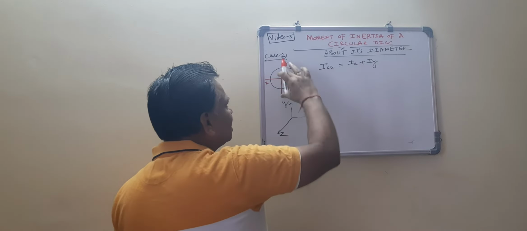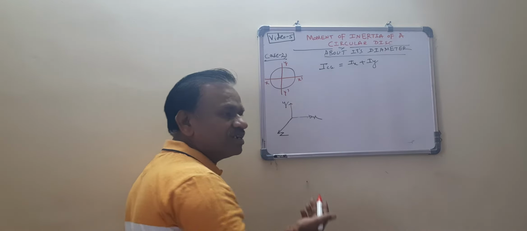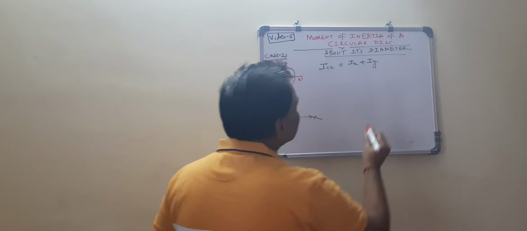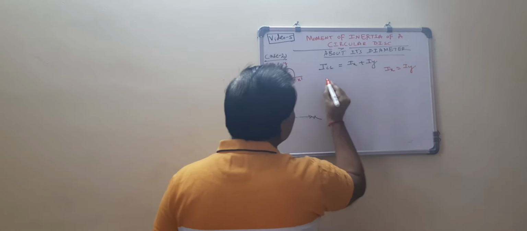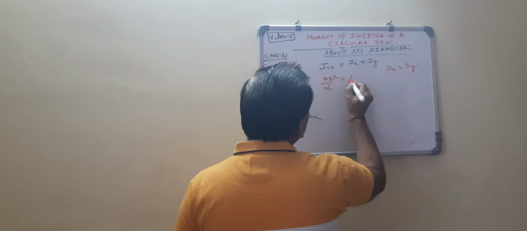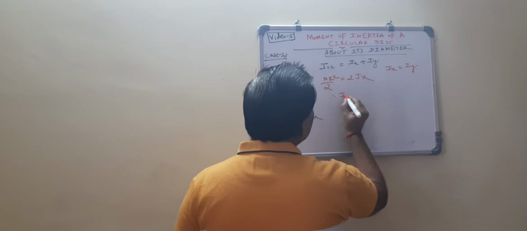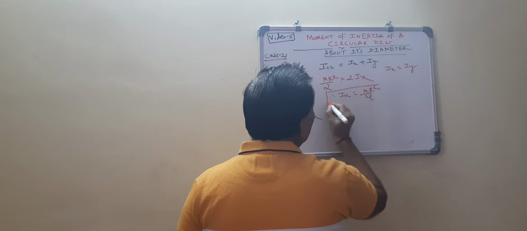Because of symmetry, you can measure it like this or like this; the mass distribution is the same and the radius is also the same, so can I write Ix equal to Iy. Here m r square by 2 equals 2Ix. Therefore, Ix equal to m r square divided by 4.